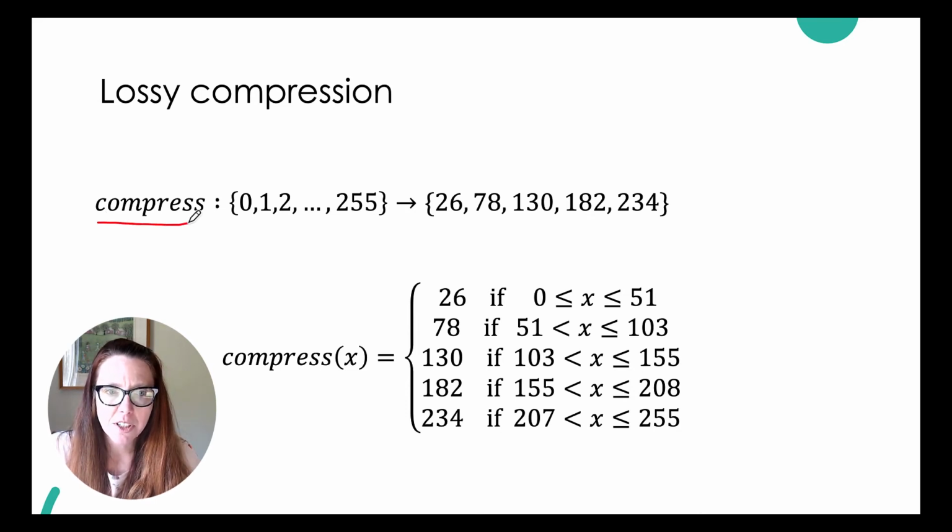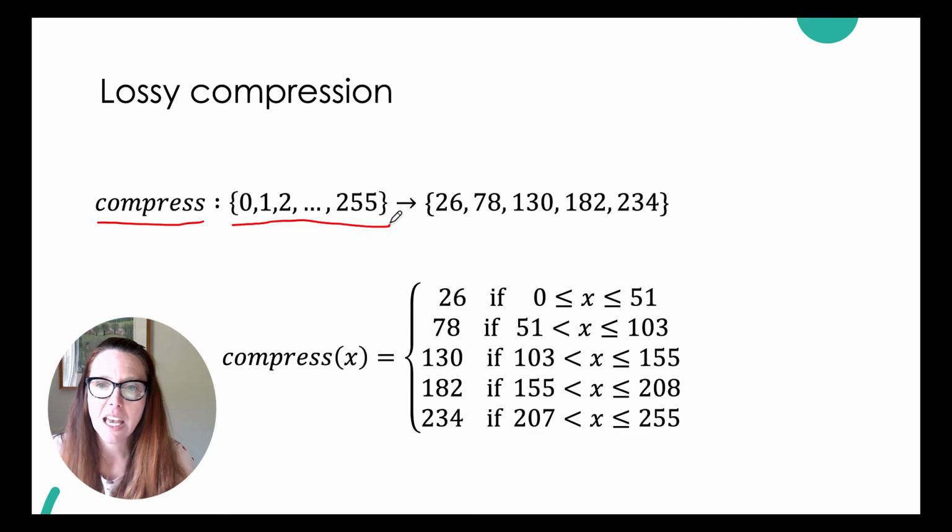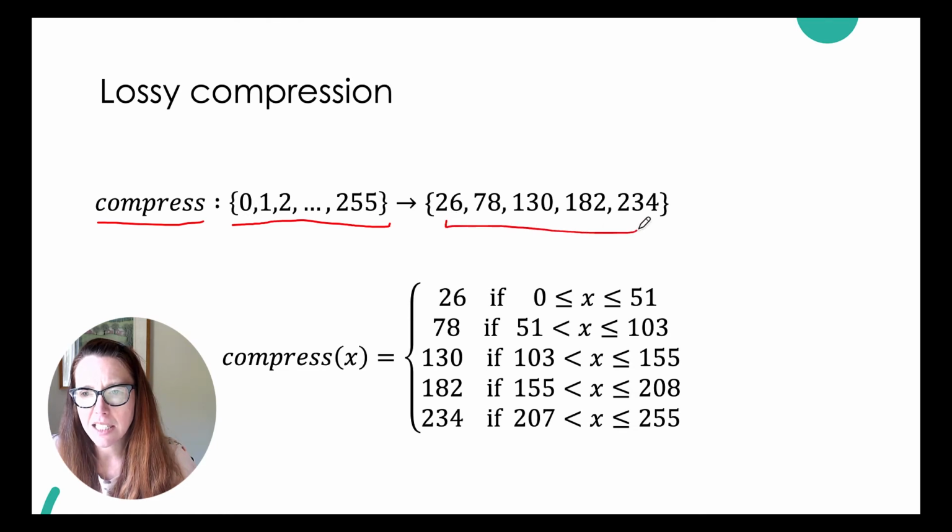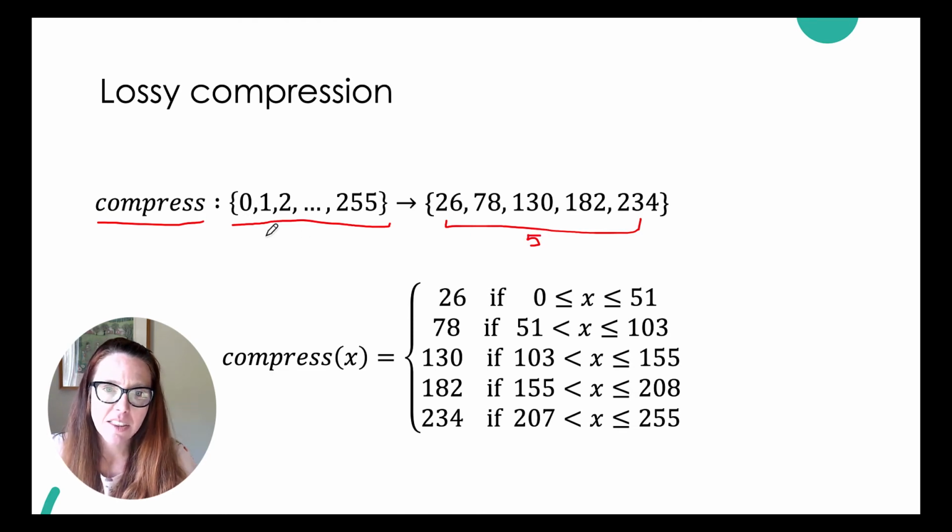So here's a function, compress, that's going to take numbers from the set 0 to 255 inclusive, and it's going to return one of 5 different numbers. So you can see in this set, there are only 5 numbers. On the left side, the starting side, there are 256 numbers. So that is a lot of numbers.